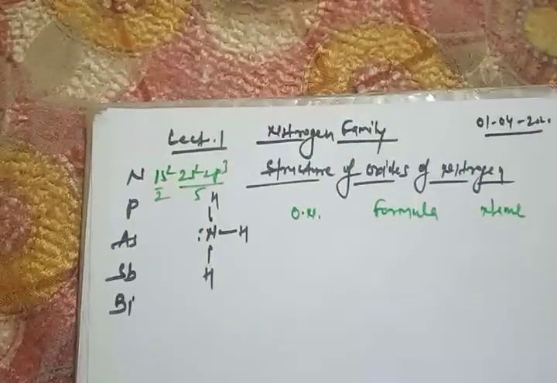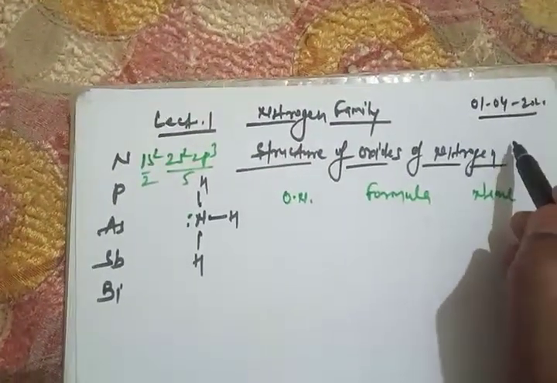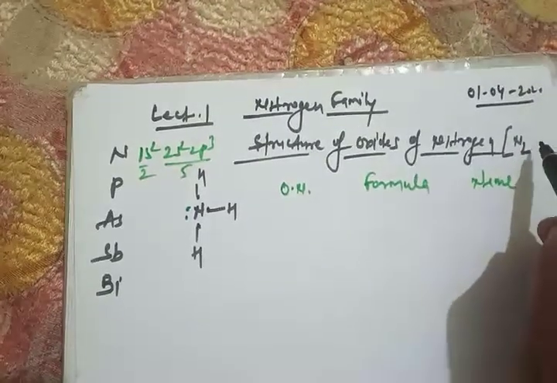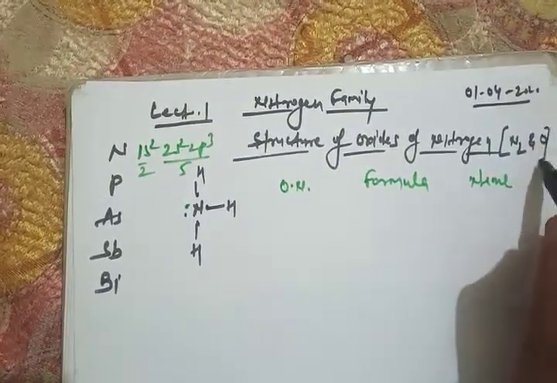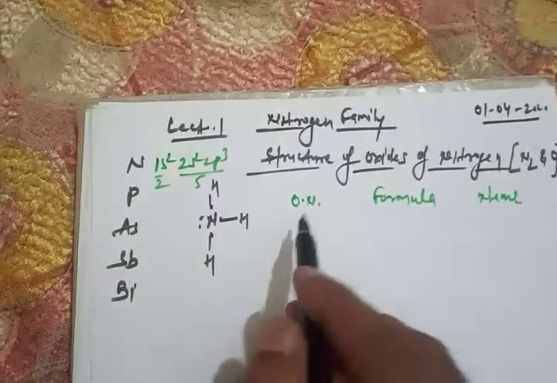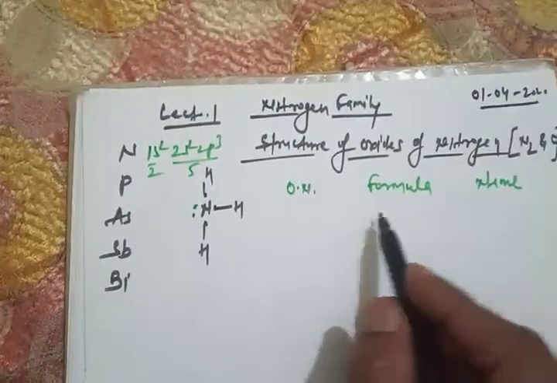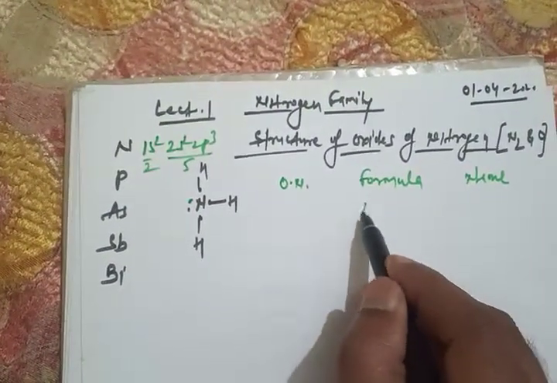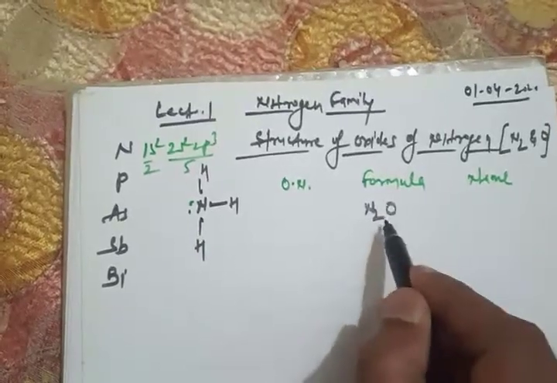The oxides are made of nitrogen and oxygen. The very first one is N2O.